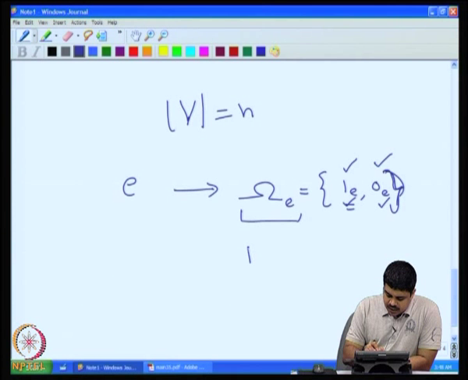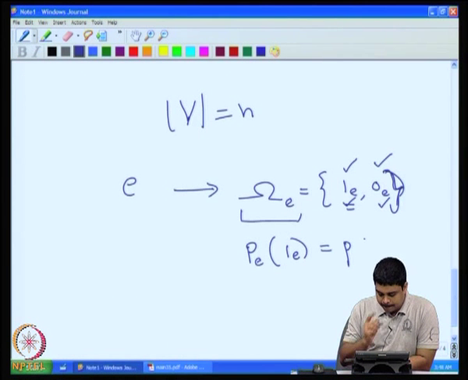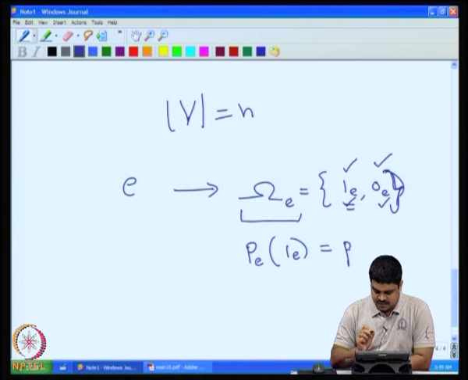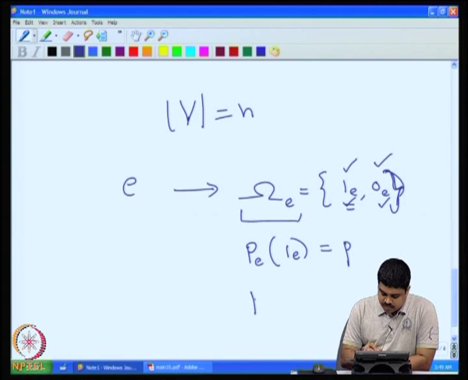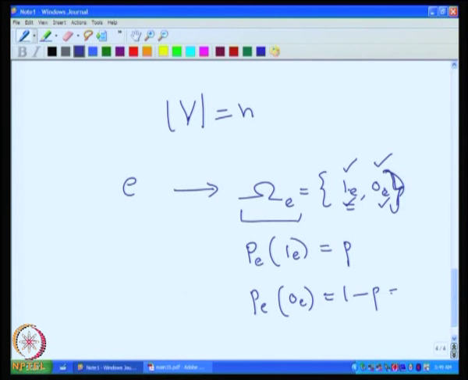The probability of the event 1 e happening is a value we assign between 0 and 1, let it be a fixed value p. And the probability of 0 e, because the probabilities assigned for these should add up to 1, should be 1 minus p, typically called q.